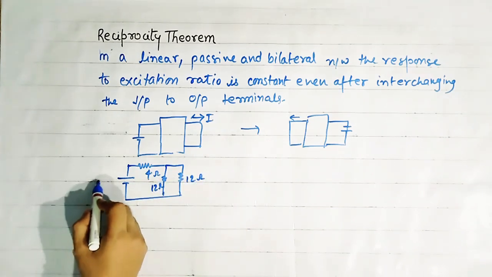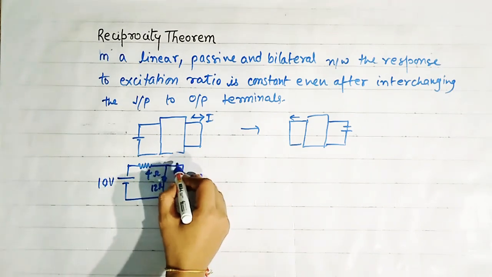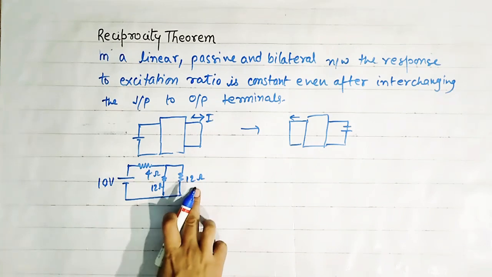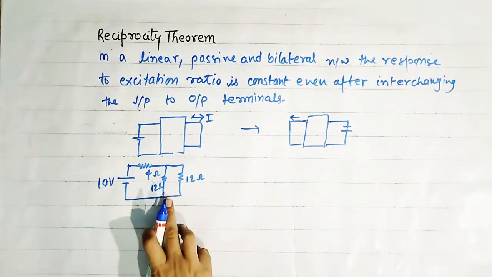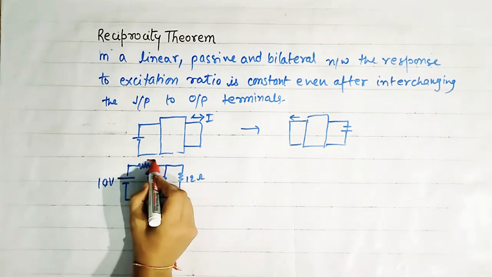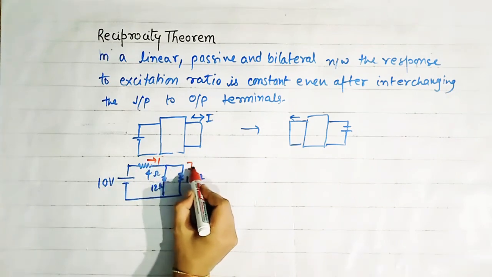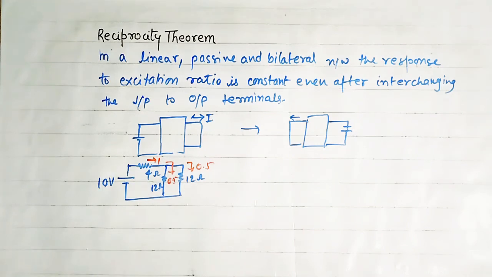Okay, so if we apply 10 volt here, then the current in this circuit is equal to, here 12 in parallel with 12 is 6 ohm, and 6 in series with 4 is 10. So the current here is 10 by 10, that is 1 ampere. Okay, so what is current here? That is 0.5, and here current is 0.5.